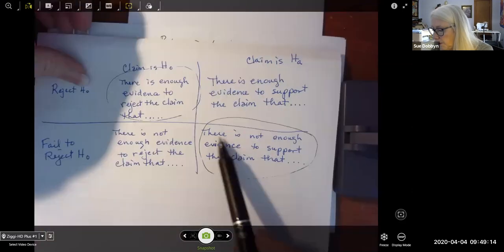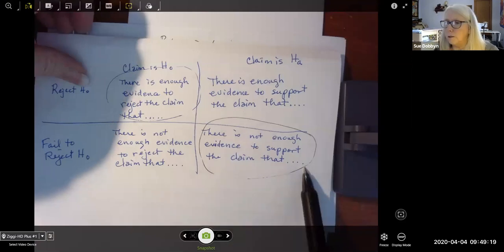and then when you get to the dot dot dot, you restate the claim. Okay, in words, not in symbols.